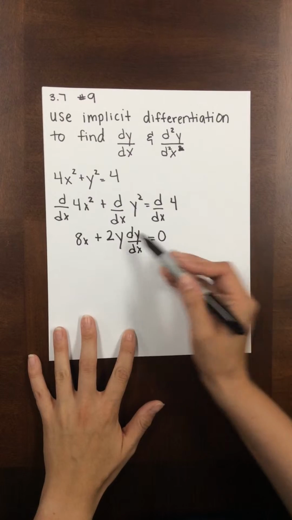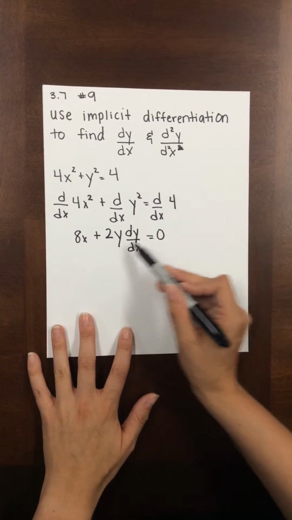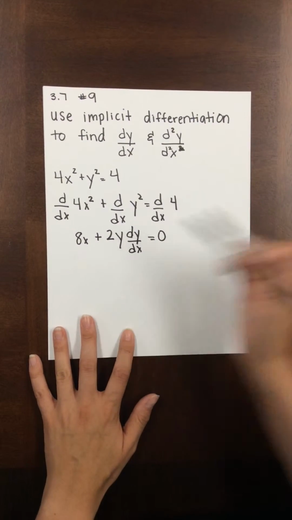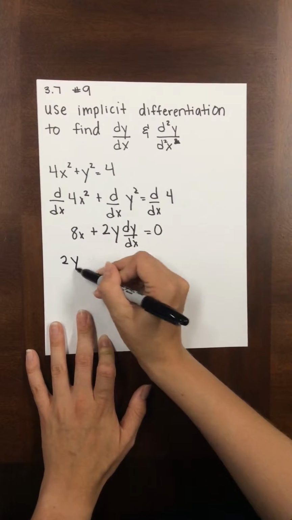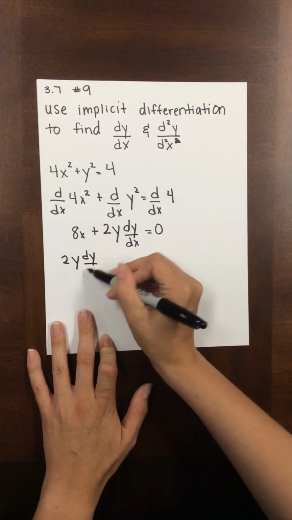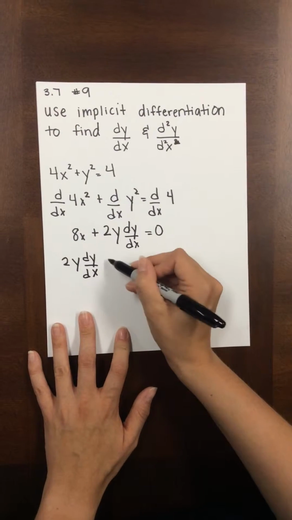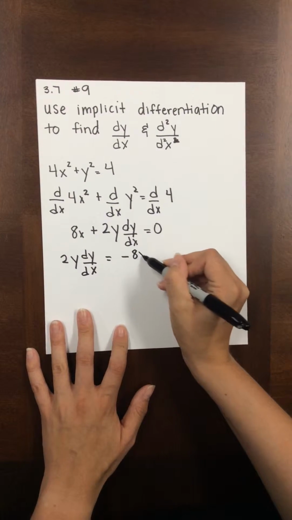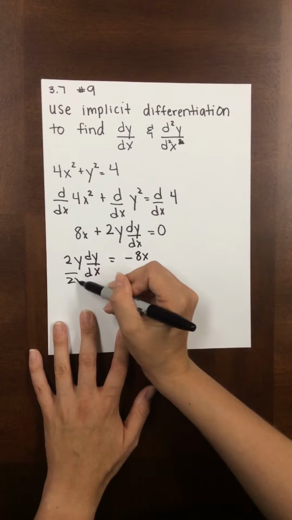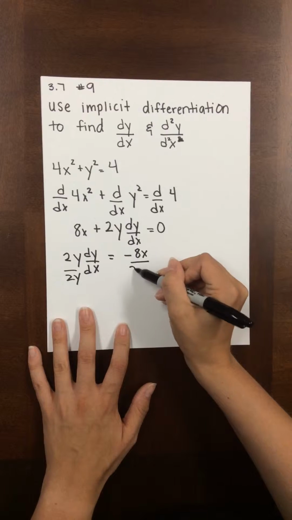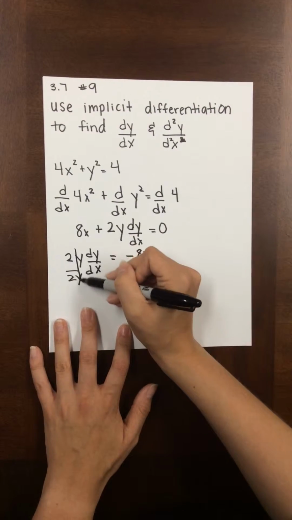So when I solve this, my next step is to get the dy over dx on one side and everything else on the other. So I have 2y dy over dx equal to negative 8x. Then to get this by itself, I'm going to divide by 2y, so that cancels.